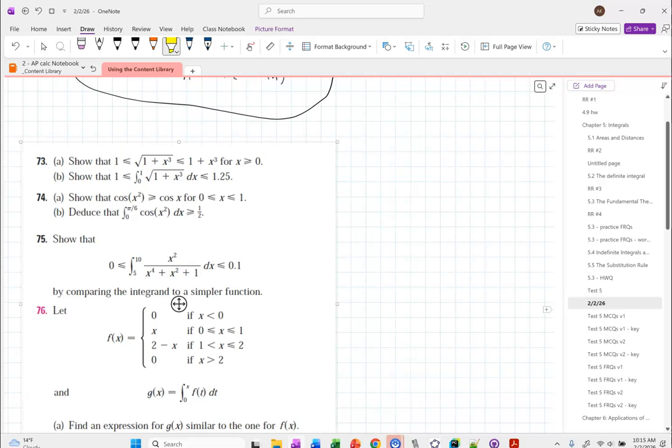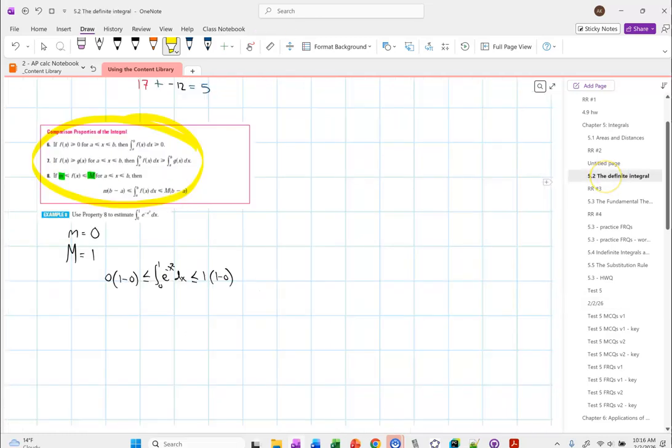Show that 1 is less than or equal to this thing for x greater than 0. Let me look at this one. Yeah.